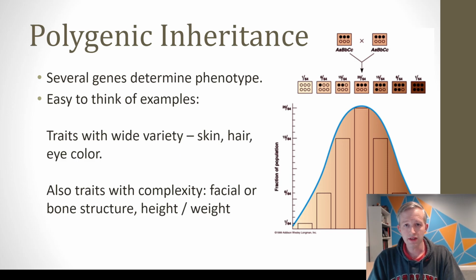Polygenic, this is easy. This is just the fact that it's multiple genes that cause the final phenotype. So skin color, hair color, eye color, all good, easy to understand examples of polygenic inheritance, because in these cases, like in the diagram here, for skin color, there's primarily 3 different genes that are largely responsible, although there are also more.